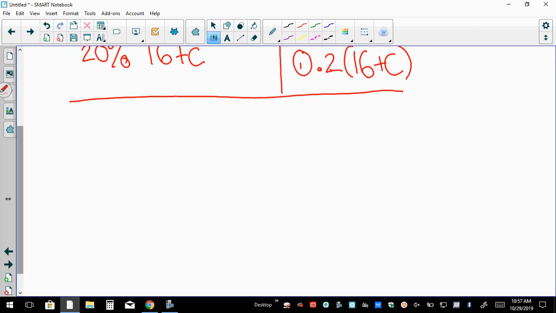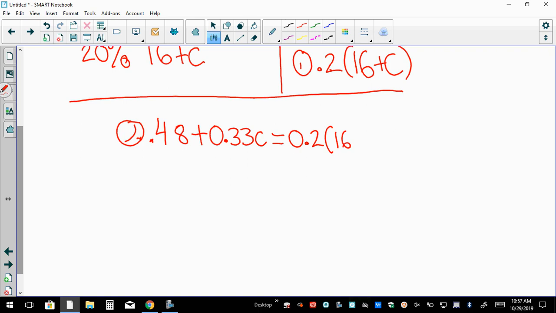Okay, so now you have to add the two, just to get the total. 0.48 plus 0.33C equals this last one, which is 0.2 times (16 plus C).